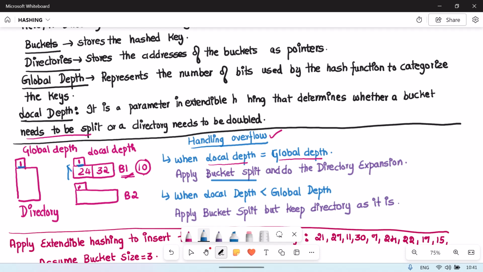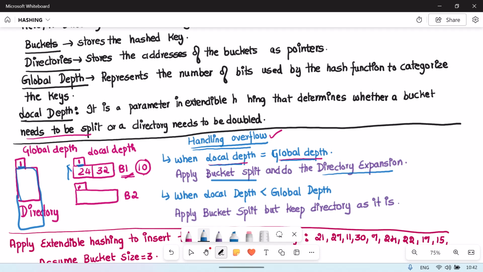And also you have to do the directory expansion. Directory expansion means this will be now expanded like this, and certain values also need to be changed. I'll explain this with the help of an example. But remember this: in order to handle the overflow, when the local depth is equal to global depth, you apply the bucket split and expand the directory.